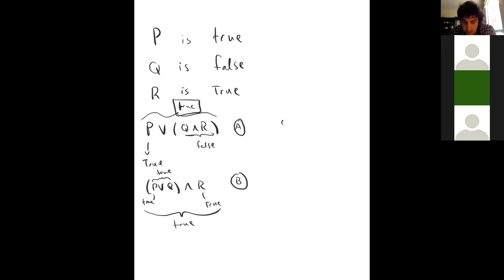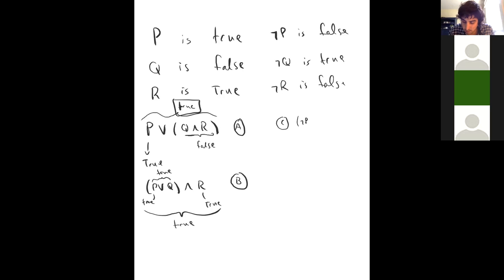And then C was false because it was not P. So not P. Not P is false. Not Q is true. Not R is false, right? It's just the opposite.